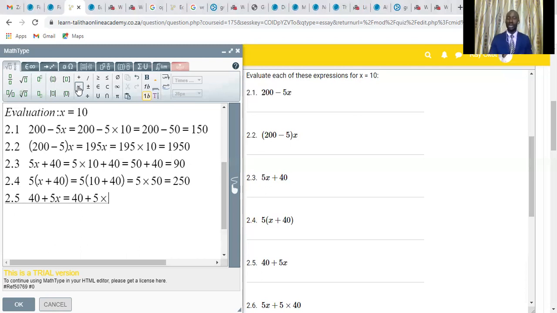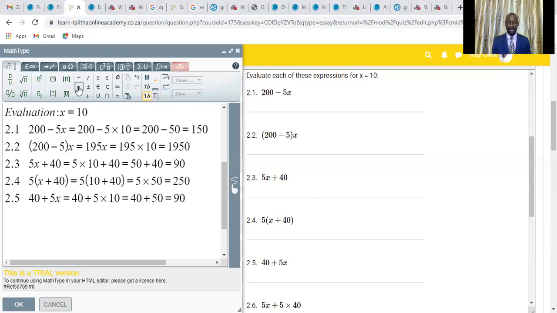So 5x will now have 5 times 10. Not 5 tens, but 5 times 10. Because 5x is the same as 5 times x. From here, we can go ahead with the simplification. So that we have a 40 plus what? A 50. And this way, we get what?